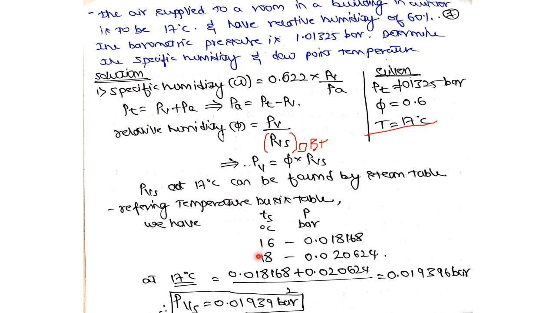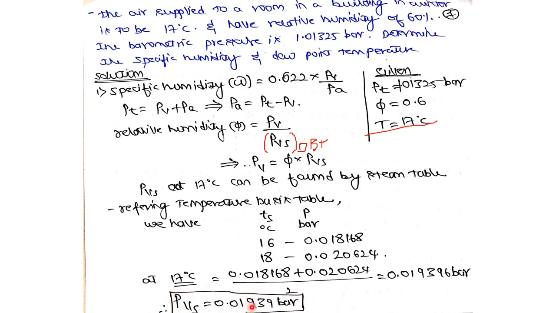You can add these two values and divide by 2 to take the mean, which gives 0.01939, your PVS. Since the 17 degrees Celsius value is not given in the steam table, you are calculating by the approximation method. So you get the saturation pressure at 17 degrees Celsius, which is DBT, known as PVS, as 0.01939 bar.